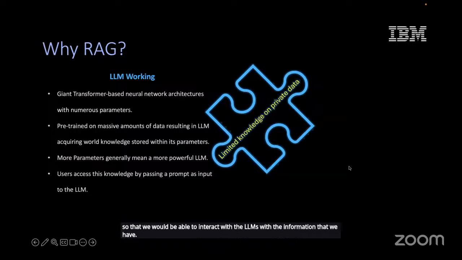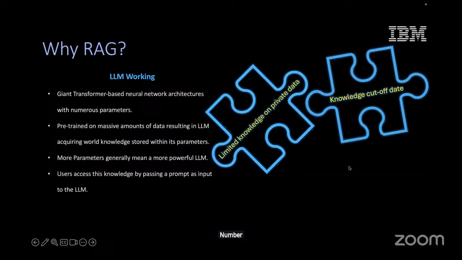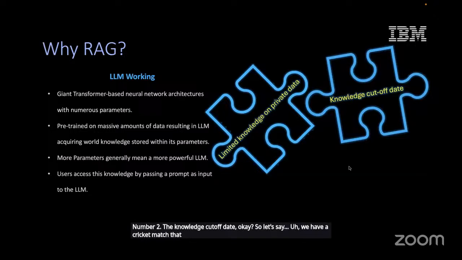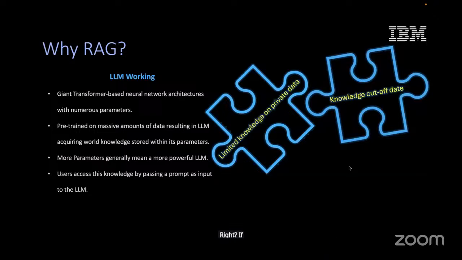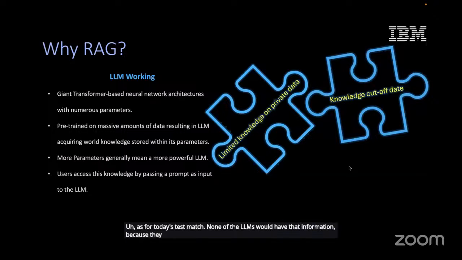That's number one. Number two, the knowledge cutoff date. Let's say we have a cricket match going on today, India versus England, right? If you type a question, who are all part of the team for today's test match? None of the LLMs would have that information because they have at most been trained as of yesterday, but not today.